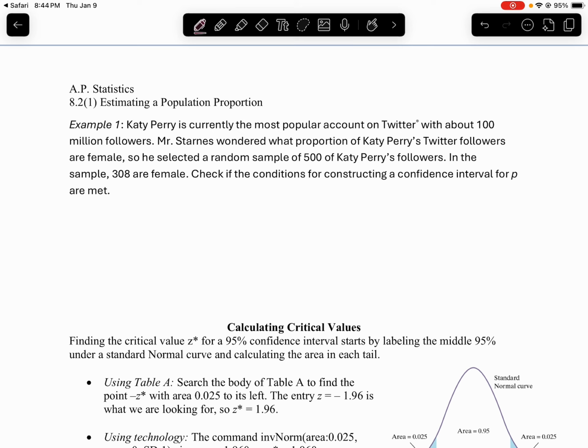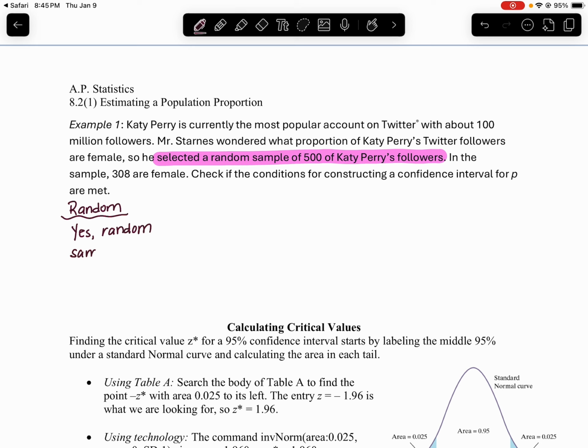So, 3 things we have to check. First, we have to check, is it random? Okay, so if we look back in the problem, it says he selected a random sample of 500 of Katy Perry's followers. So we can say yes, random.